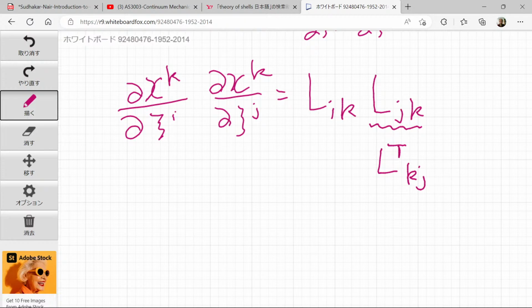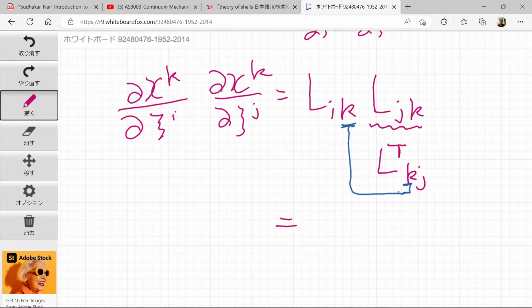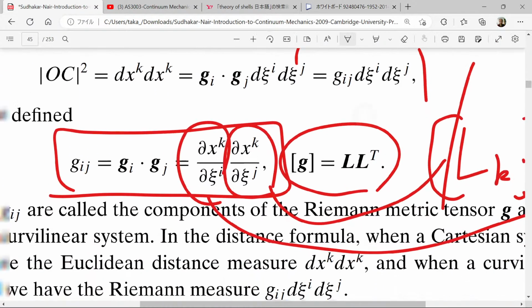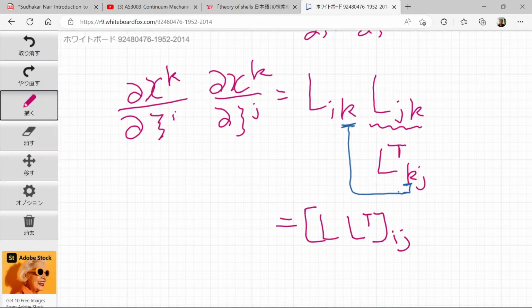Yeah. Then you have a summation convention here. If you have a summation convention, this just becomes matrix multiplication. So that means L L^T ij. So you can have this L L^T.